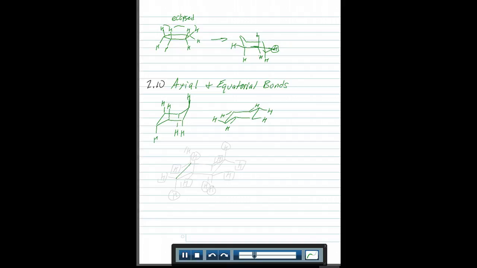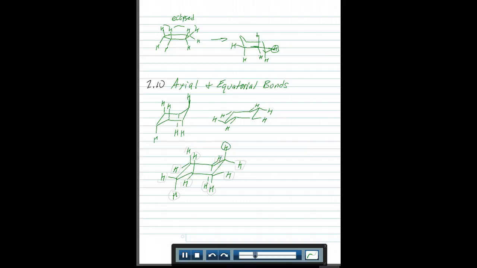Let me draw it again. We'll draw it bigger, and we'll draw it with all of the axials. So here are the axial hydrogens. What I like to do, you'll see in class, is when I make the model, I make the axial hydrogens one color, and the equatorial hydrogens a different color so you can actually see them. So that is cyclohexane in its full glory.